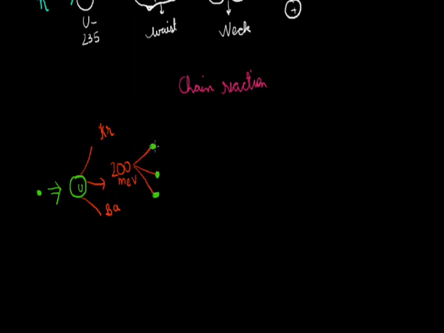Again, this neutron bombards a uranium nucleus, and again it forms krypton, barium, and 200 MeV energy with the release of 3 neutrons.